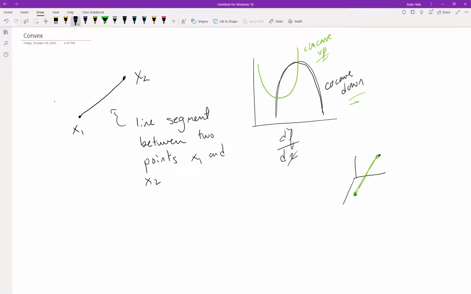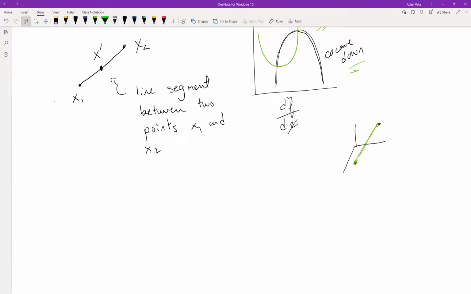Now, the neat part is any point, we'll call it x prime, can be represented as a weighted average between x1 and x2. And typically we write that weighted average as follows: theta times x1 plus 1 minus theta times x2, where theta is between 0 and 1.